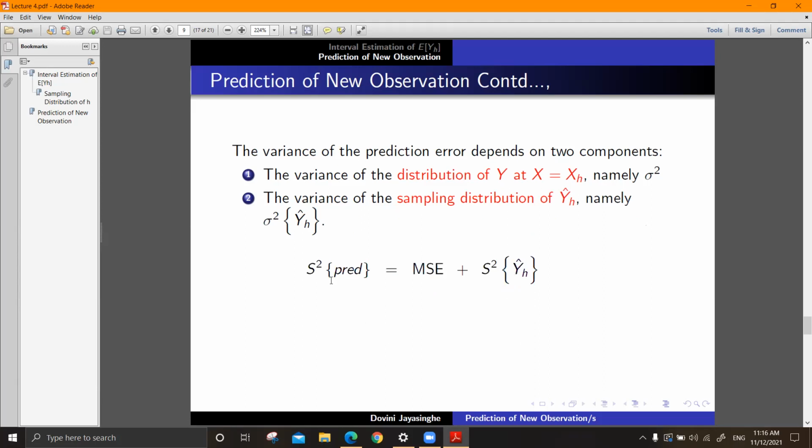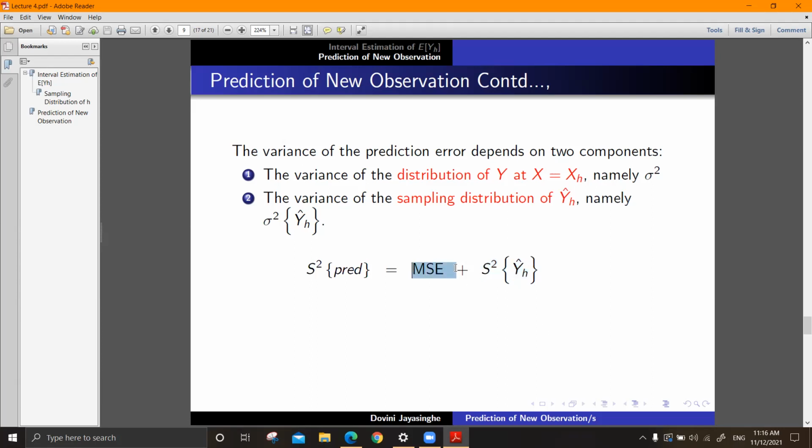It's very visible. So what is the S squared of the predicted value? It's the MSE. So that is for this and this one. The sampling variance of the sampling distribution of Y_h hat. So you have to do the same thing.